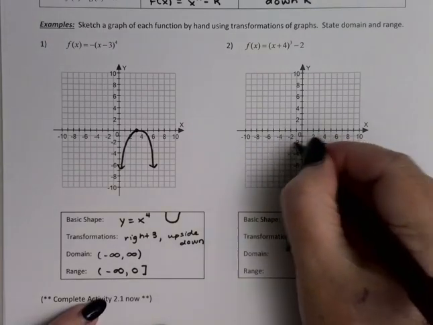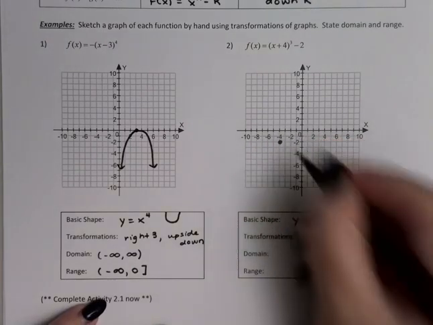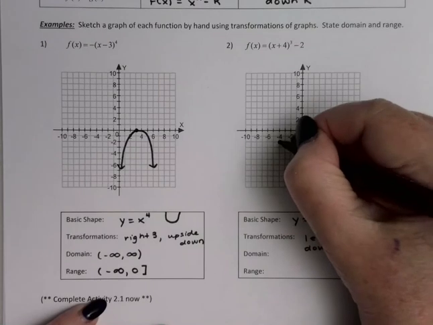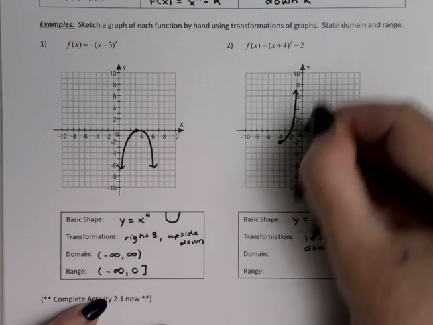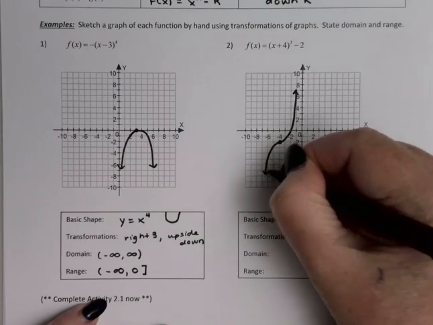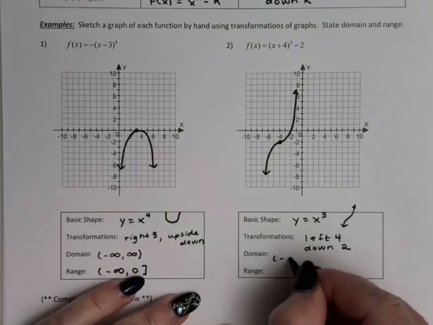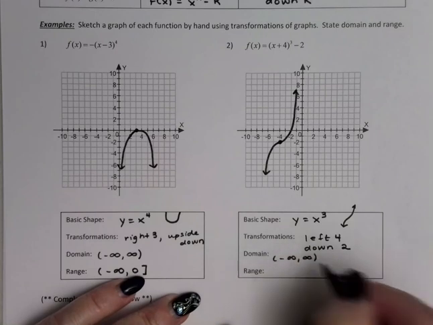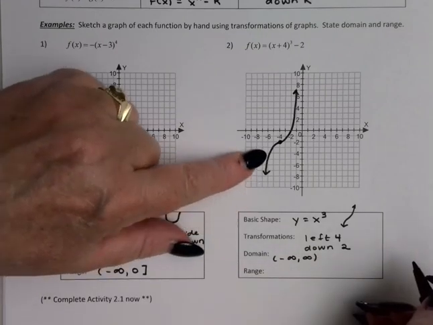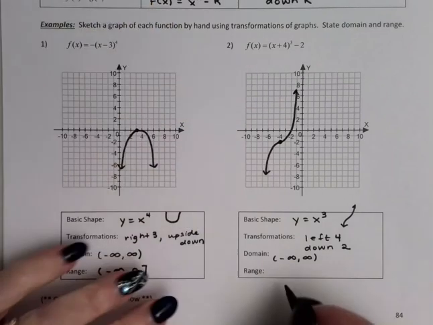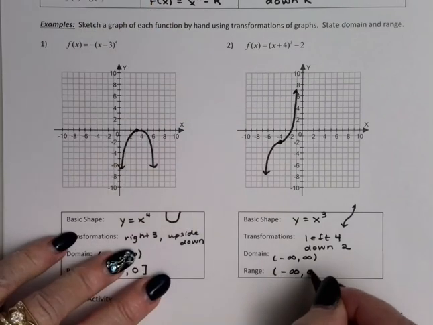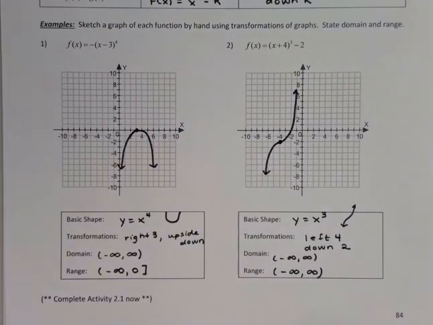So if I go left 4 and down 2, and then just graph that kind of a wavy looking function like that, that's going to be the basic shape of the graph. Its domain goes from negative infinity to infinity, and notice so does the range. It goes down forever, and it also goes up forever. All right, that's the end of section 2.1.